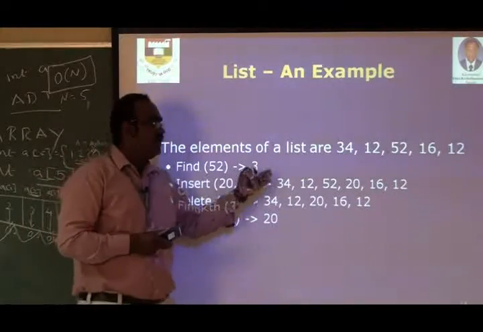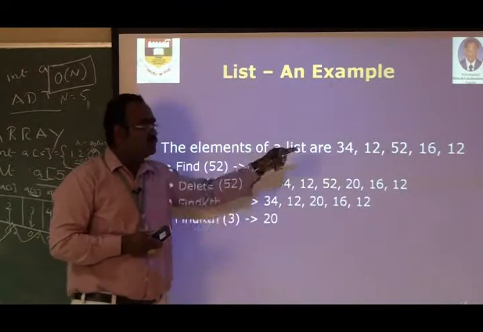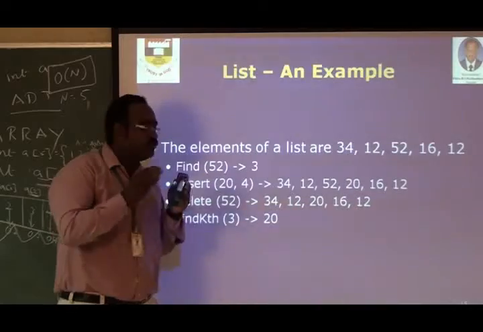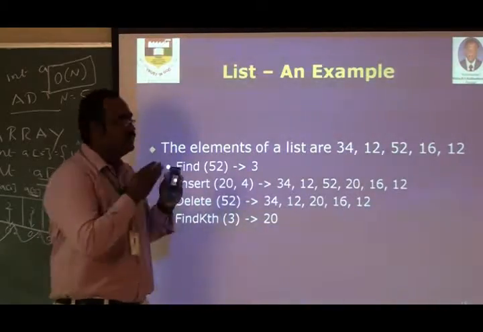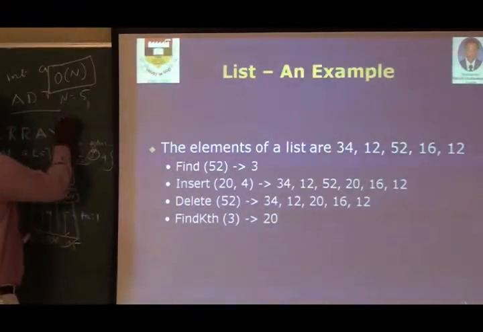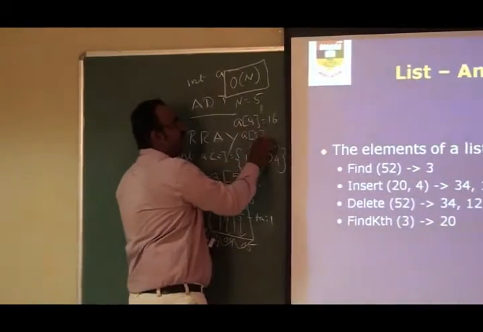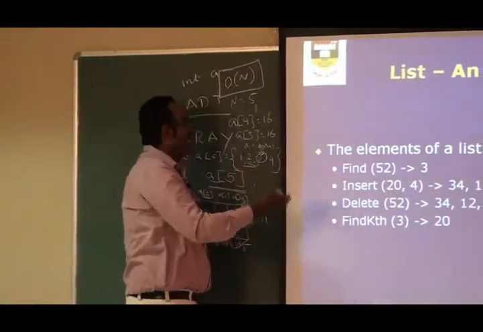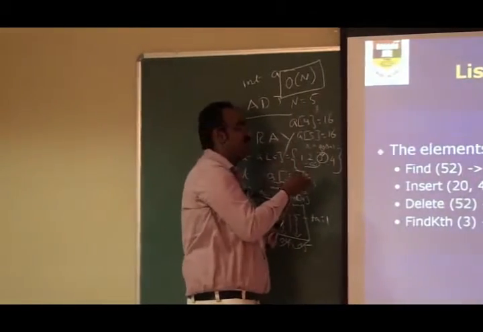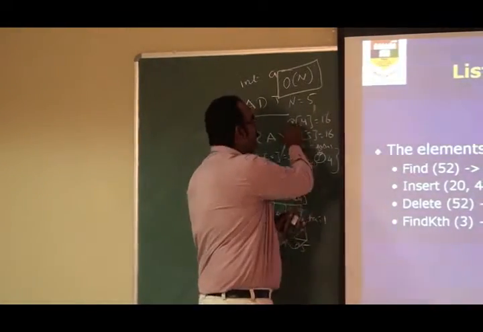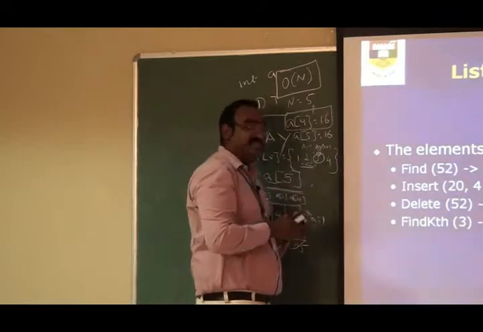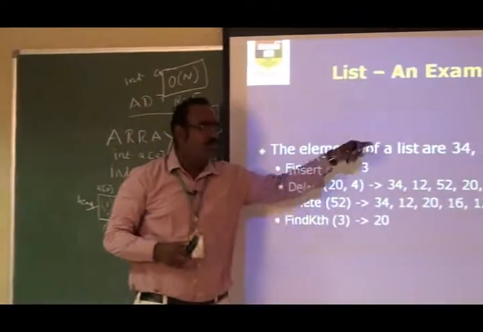So 34, 12, 52, and now the fourth position is 16. We move 16 from A of 4 to A of 5. We are moving the data from the fourth position to the fifth position. That makes A of 4 empty, and only then can we insert 20 at that position.